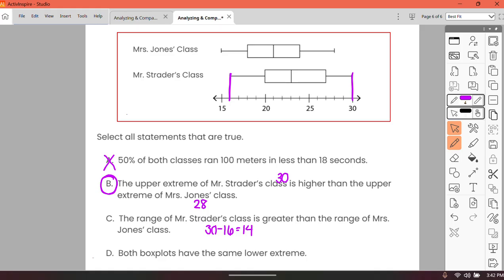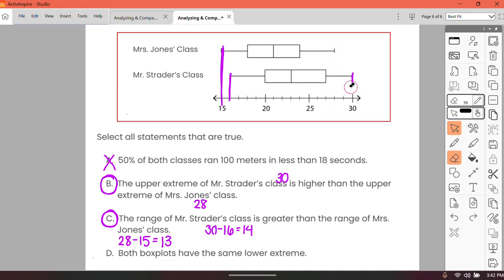And then I'm going to look at Miss Jones's. And Miss Jones's is at 28 and 15. So 28 minus 15 is 13. So the range of Mr. Strader's is greater than the range of Miss Jones's. So that one is true.